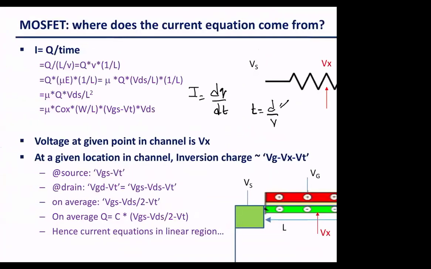The distance which it crosses is L, and the velocity is mu times E, and E is nothing but VDS over L. So that resolves the time factor. Next time we will derive it slowly. And then the charge is really Cox times W times L multiplied by the overdrive voltage.